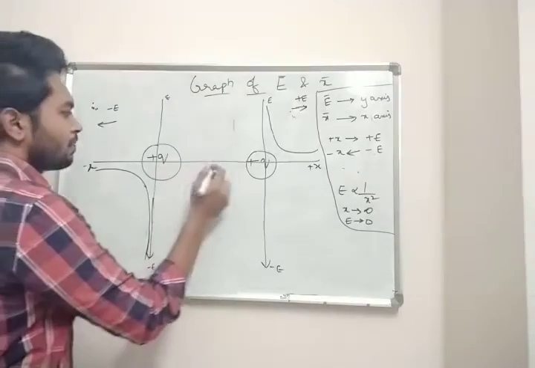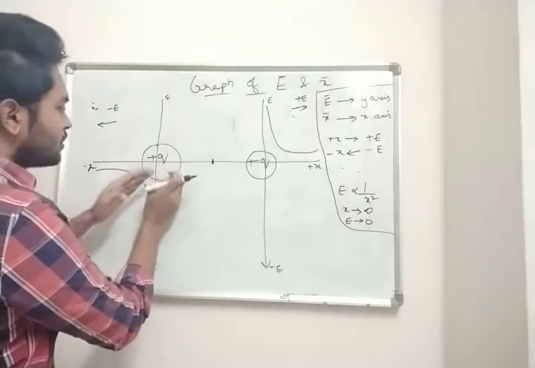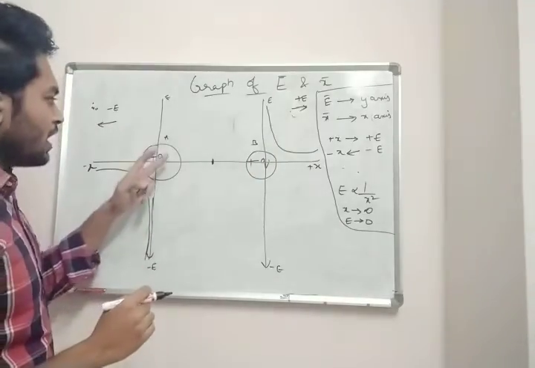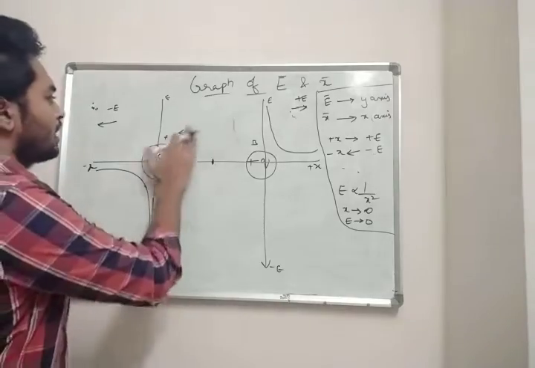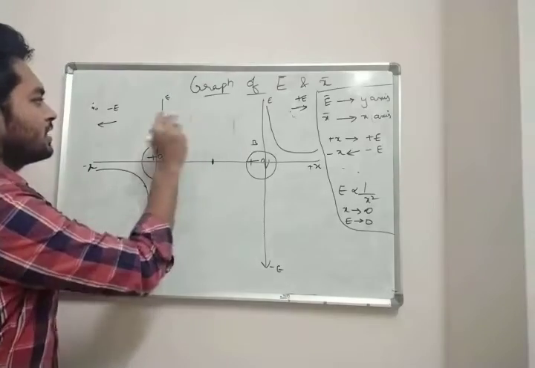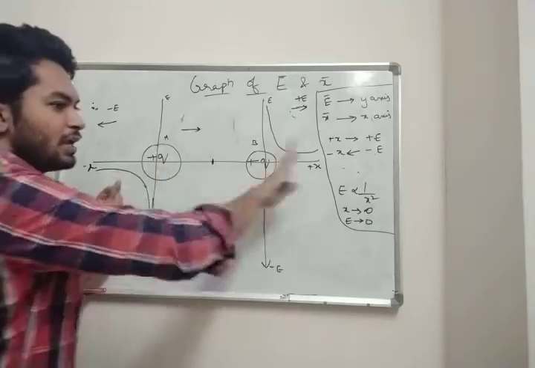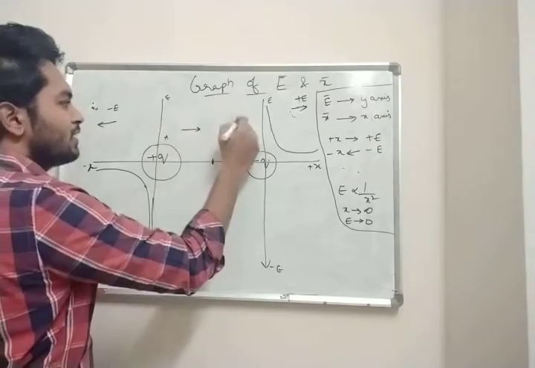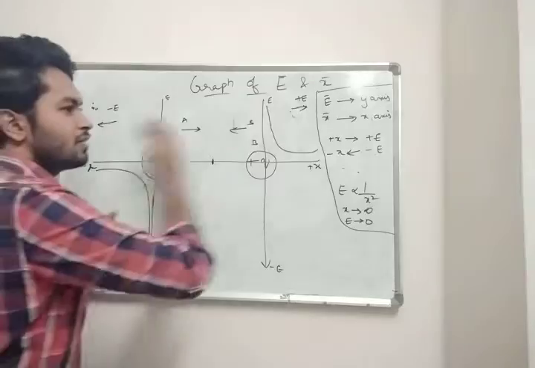Now what about the middle case? Let us take a midpoint. This is A, this is B. Due to A, the electric field at this point is away, on the right side.